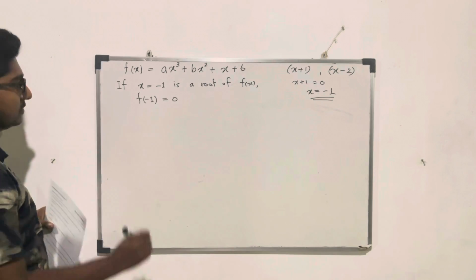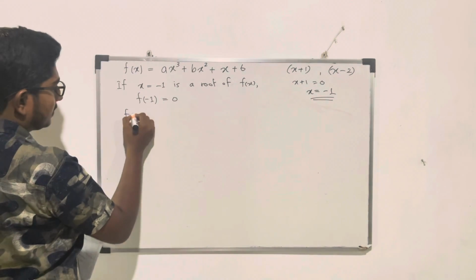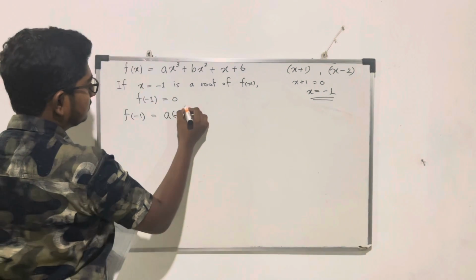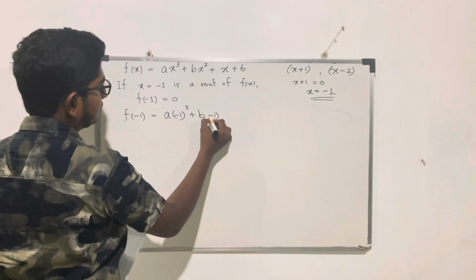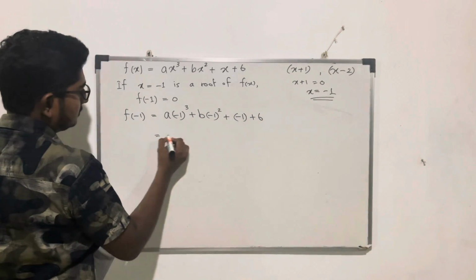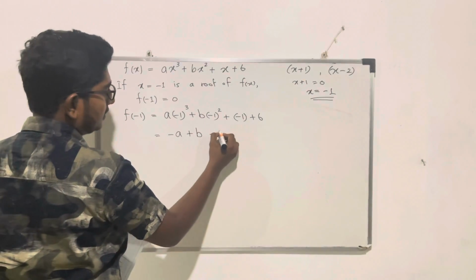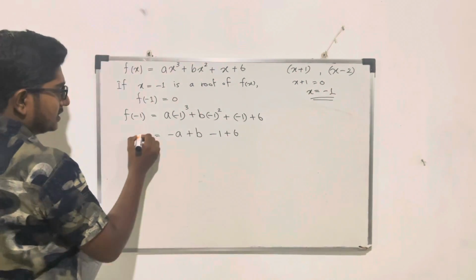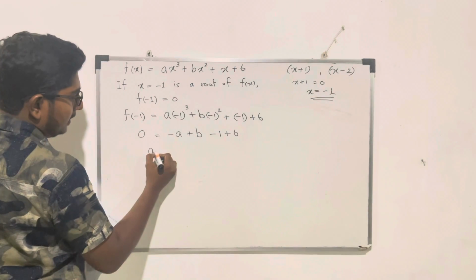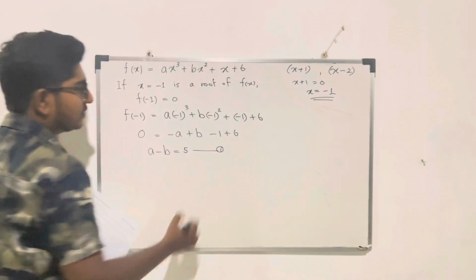So this is a theorem. Let us substitute minus 1 for x. Here we get minus a, plus b, minus 1 plus 6, which is equivalent to 0. Then the answer is a minus b equals 5. This is the first equation.